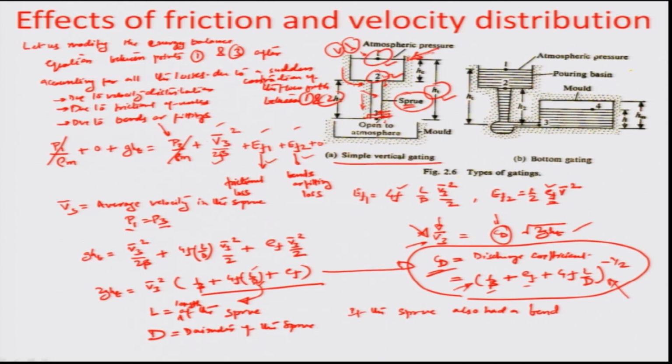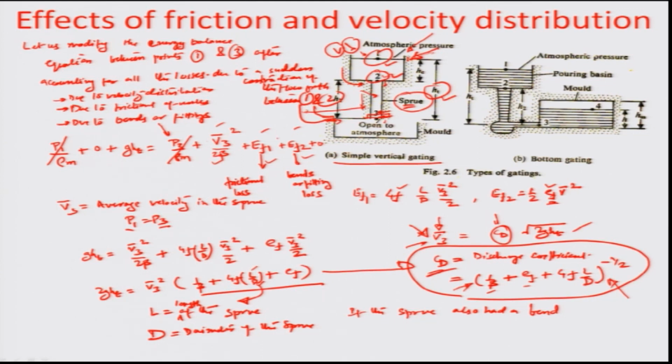So it is sometimes advisable to not have the gating arrangement which includes the pouring basin or the sprue just over the mold. Rather, it is preferable that you have a misaligned pouring basin and sprue somewhere here, and you have a bending provided in the pipe which connects and still makes it top gating, because the gating provides the material flow at the top of the mold right about here, and everything else can be starting in an off shifted manner from the actual mold cavity.